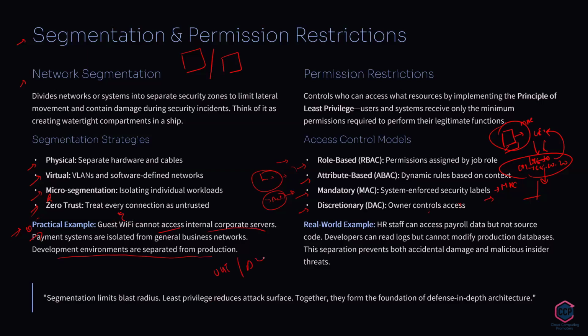Okay. Real-time example of access control would be HR staff can access payroll data, but not secured one. And based on the data, these laws will be implicated so that segmentation should be there, permission should be there.